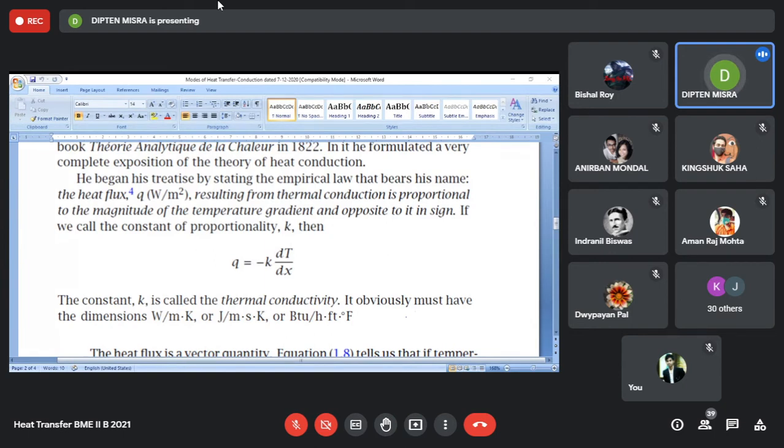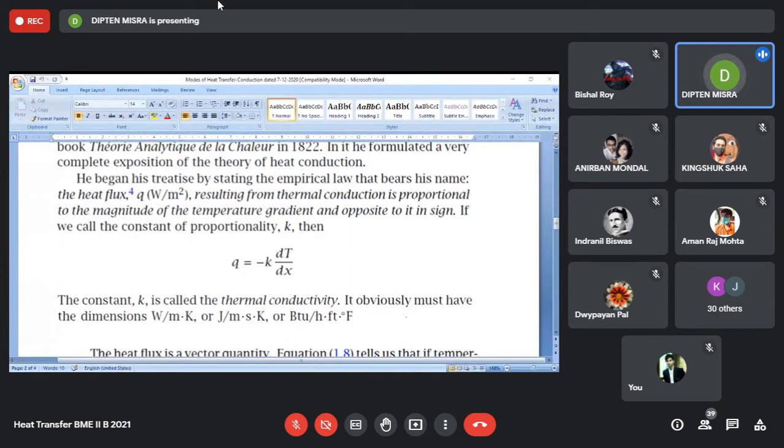Apart from this, the whole phenomenon can also vary with time. When the phenomenon is varying with time, then it is called an unsteady state phenomenon or transient phenomenon. And when the phenomenon is not changing with time, then we call it a steady state phenomenon.